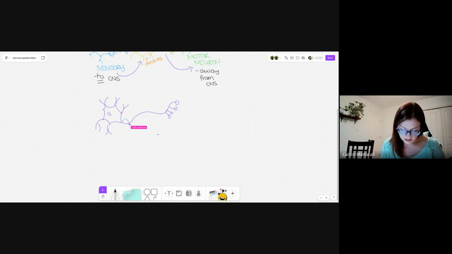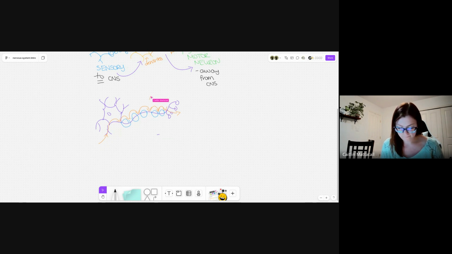The myelinated axon is where we have these bubbles of Schwann cells that insulate parts. All right, our nerve impulse again is going to enter the dendrite. So they're going to pick up that nerve impulse. It's going to travel through the cell body towards the axon, and then it's going to jump from node to node towards the end plate.